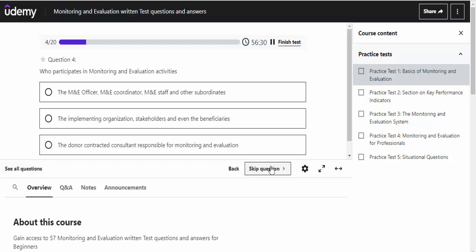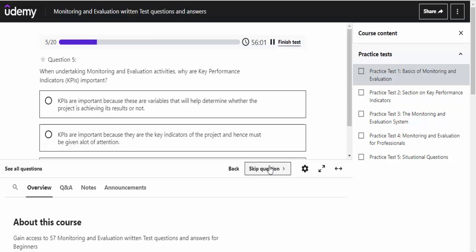So of course you have the M&E officer and other staff doing the actual M&E, but at the end of the cycle they need to get in touch with the stakeholders in order to validate the information that they were collecting. And also stakeholders have a very valuable input to the success and failure of the project. So that's why this becomes the best answer.